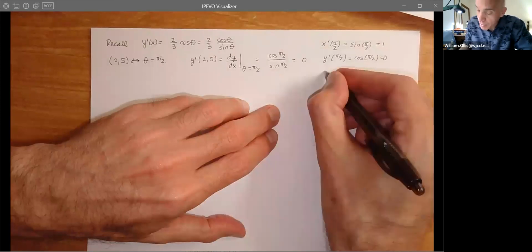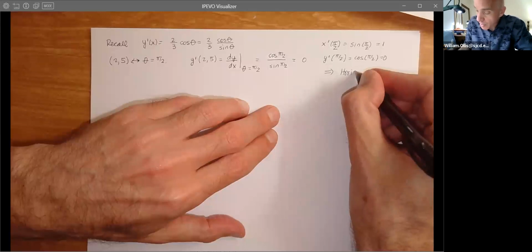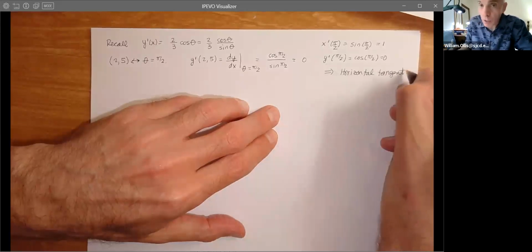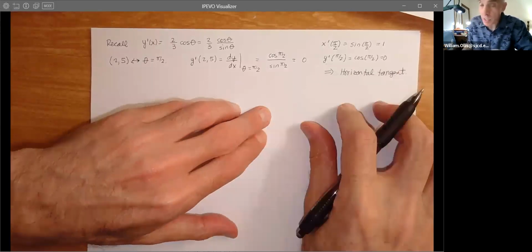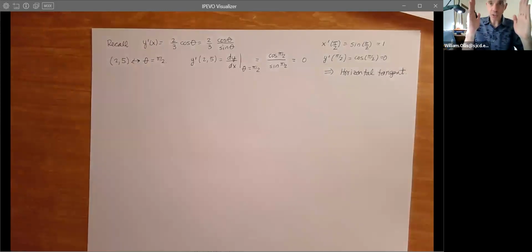So this implies the horizontal tangent. Again, not a cusp, not a corner, a bona fide horizontal tangent. And you're thinking, that's what happens with the ellipses. You've got the vertical tangents and you have the horizontals when you draw them. You expect this.